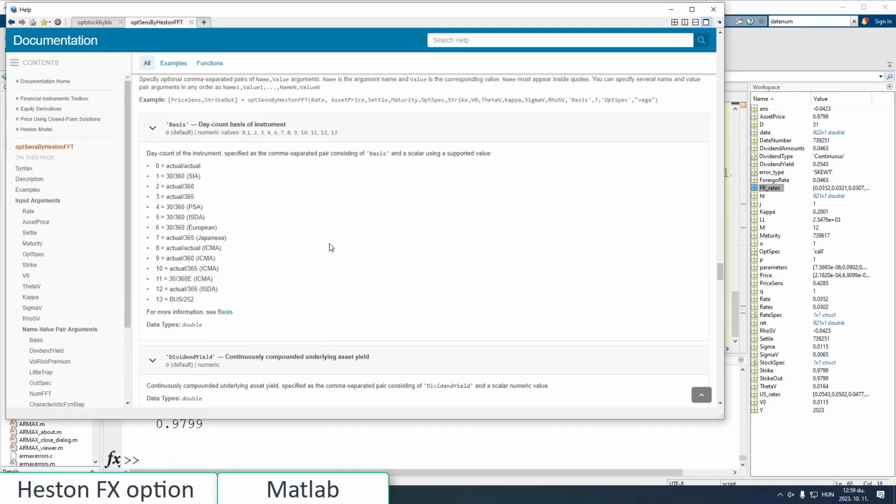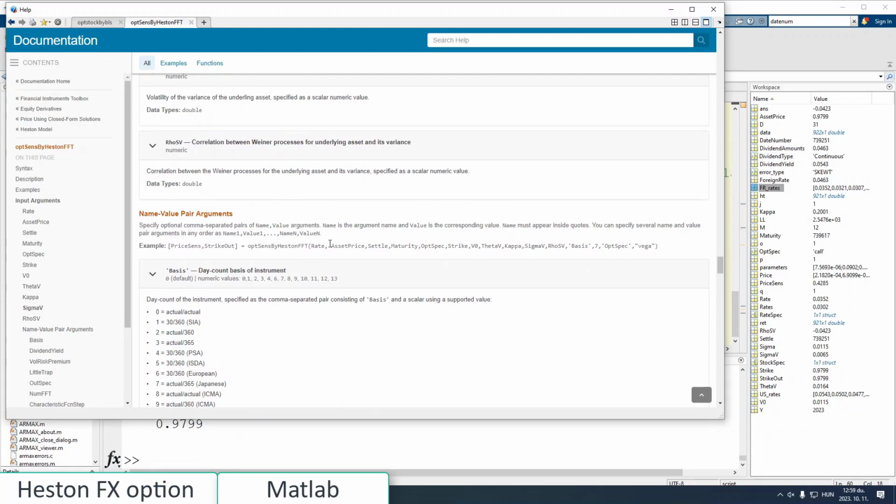It's so good when you are using multiple inputs. There is even more. Basis 7. Oh, spec. Vega.